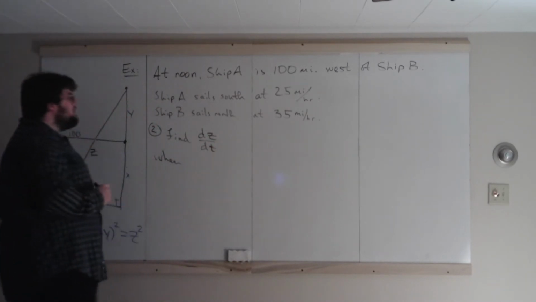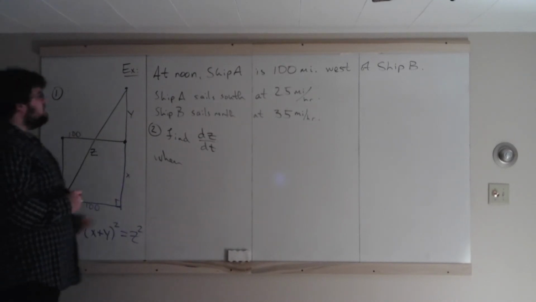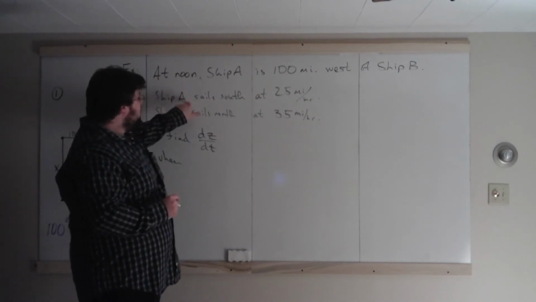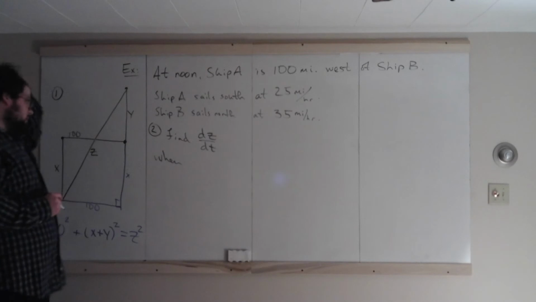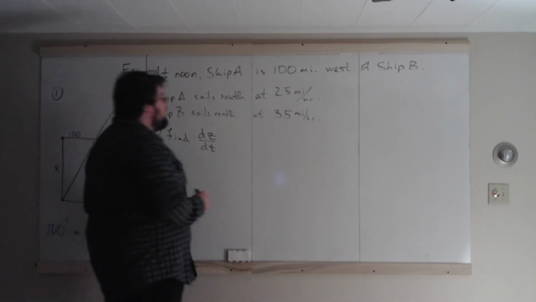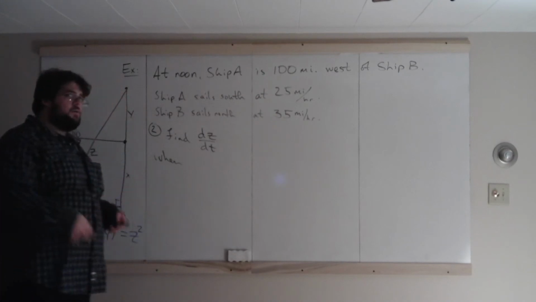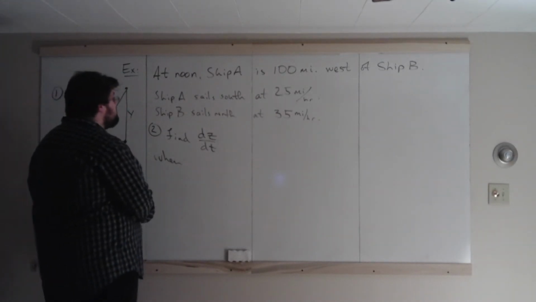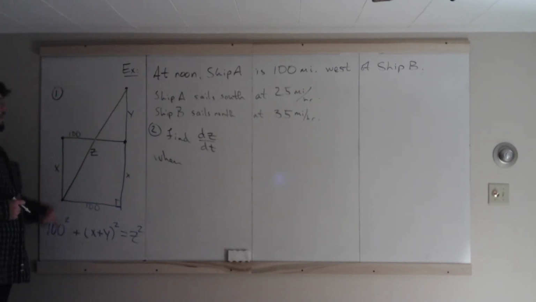at 4 p.m. Well, what's at 4 p.m.? What are x and y at 4 p.m.? 4 p.m. is 4 hours later. So ship A has been sailing for 4 hours. If ship A sails 25 miles every 1 hour, then in 2 hours, 50 miles. In 3 hours, 75. In 4 hours, 100 miles. So when x equals 100.